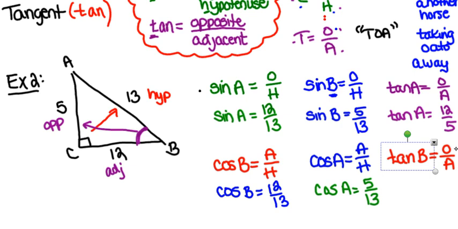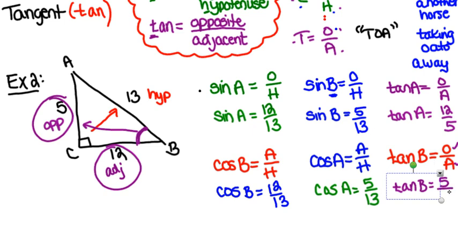And this time we want to compare opposite over adjacent. So 5 over 12. So that's how you would find all of your different trig ratios.